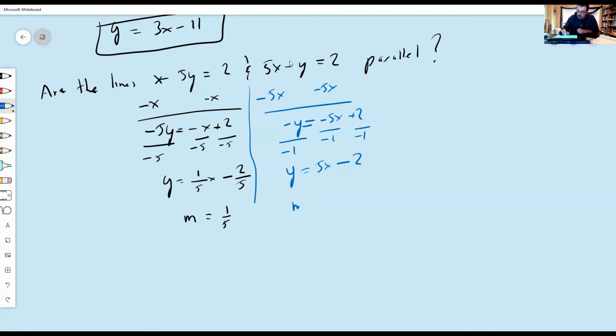So my slope of this one is 5. The slopes 1/5 and 5 are not the same. So the lines are not parallel.